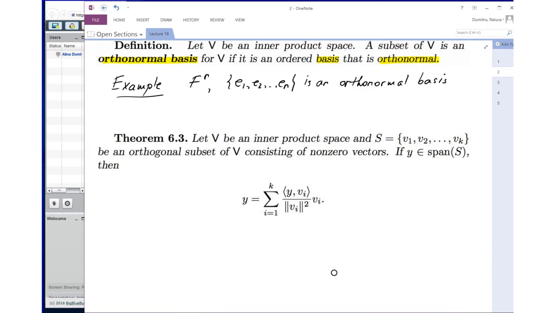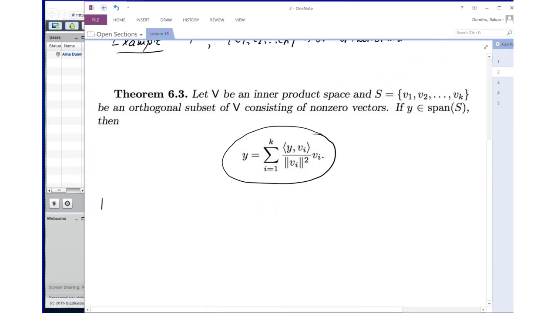Well, you have to come up with that entire system of linear equations and solve it, and it takes a while to figure this out. However, if your set is orthogonal, then things are much easier. And here it is. You have a very nice formula for figuring out the coefficients of writing that vector in that basis. Let's look into this.